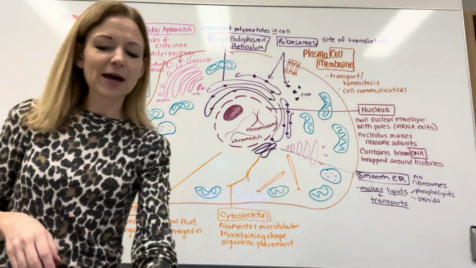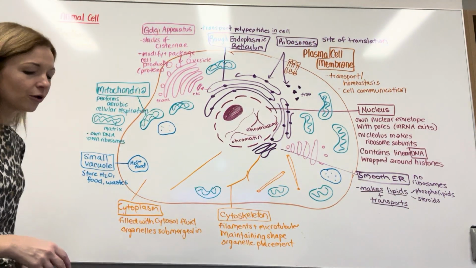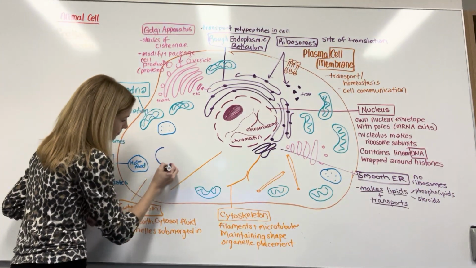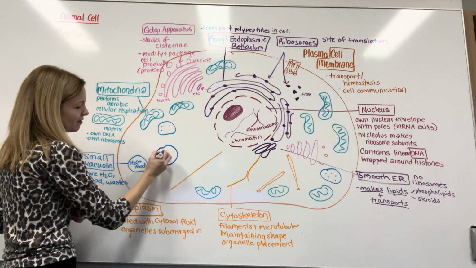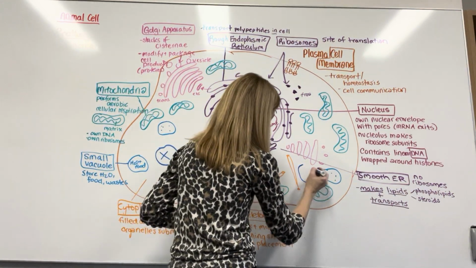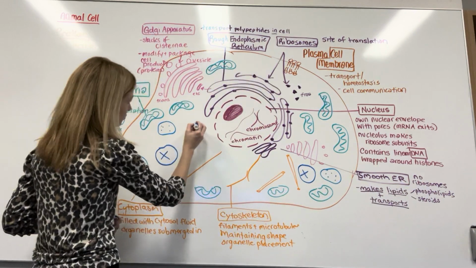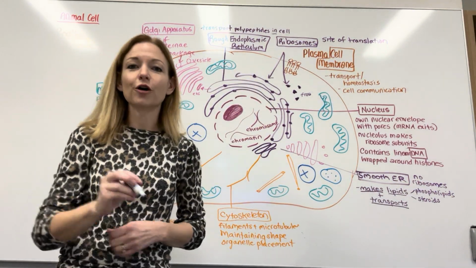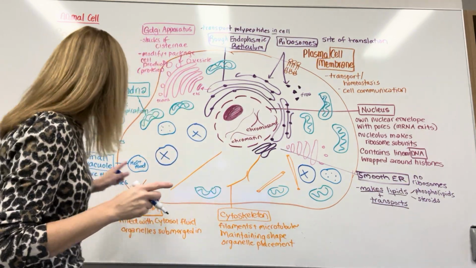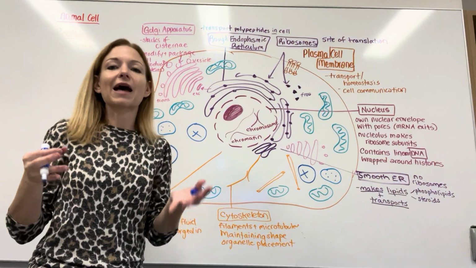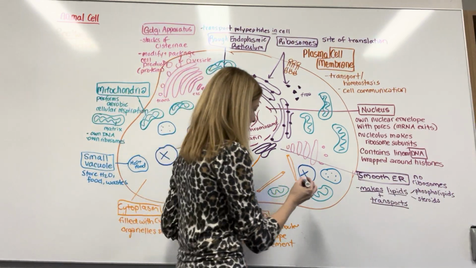Then we have a special type of vacuole called a lysosome. So it's also a vesicle, but I'm going to put X in it to suggest that it has dangerous enzymes in it. Ooh. So there's my lysosome. So again, it's just a vesicle like the vacuole is, but instead of food and things like that, it has hydrolytic enzymes.